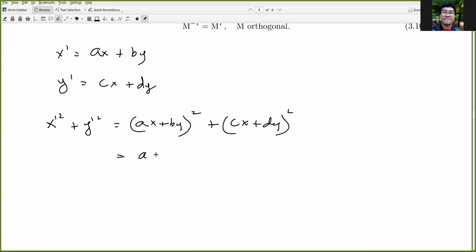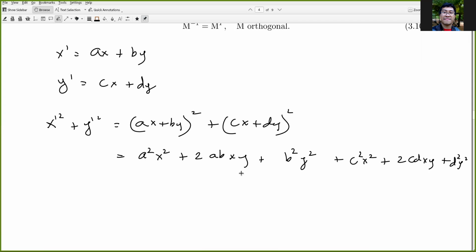So this is a squared x squared plus 2abxy plus b squared y squared plus c squared x squared plus 2cdxy plus d squared y squared.